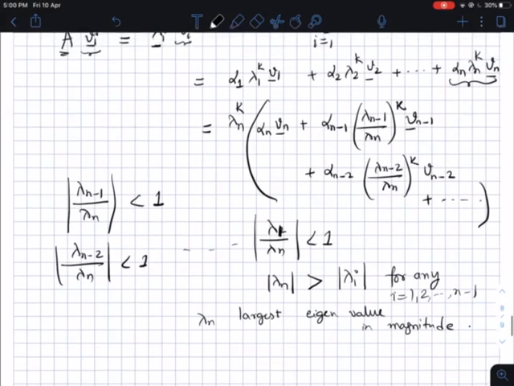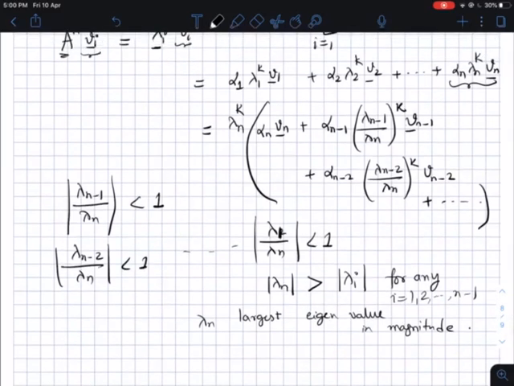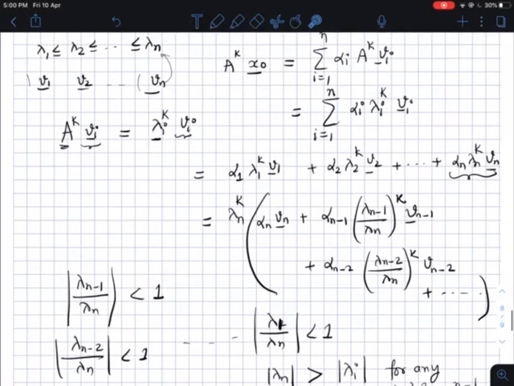So what is happening over here? Let's summarize this discussion. Under the assumptions that I stated here, all the terms in this expression go to 0 except one term. So what are we actually computing here? We are finding A to the k x naught.